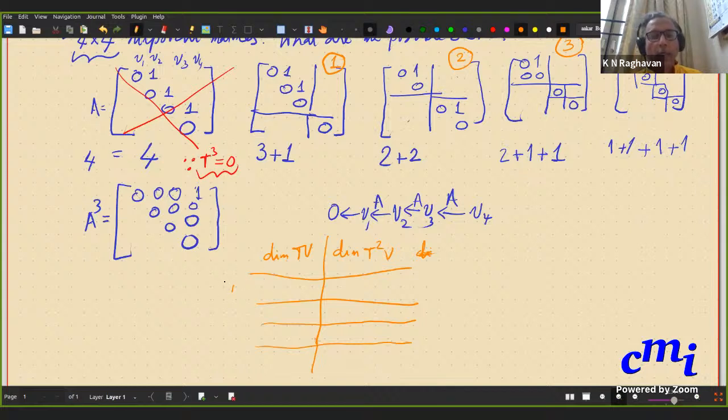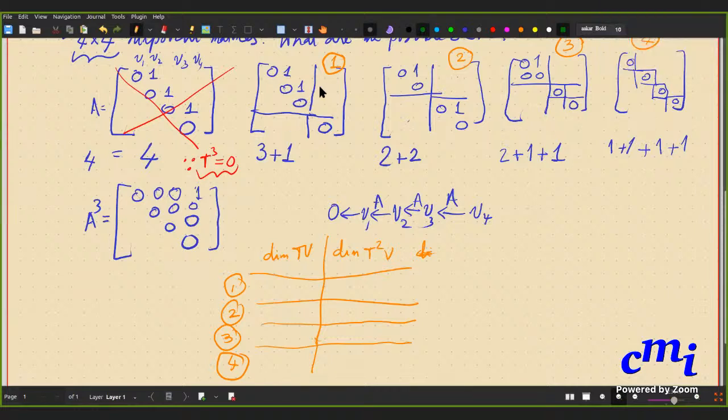Here is 1, 2, 3. What is the dimension of TV here, in the first one? 2. What is the dimension of T squared?